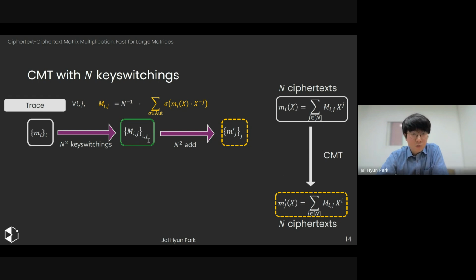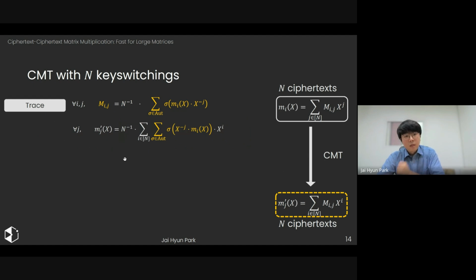Our goal is to do it with n key switchings instead of n-square key switchings. So let's go a bit deeper. Our goal is to obtain M_j prime, the column-wise encryption, so the sum is over i instead of j.